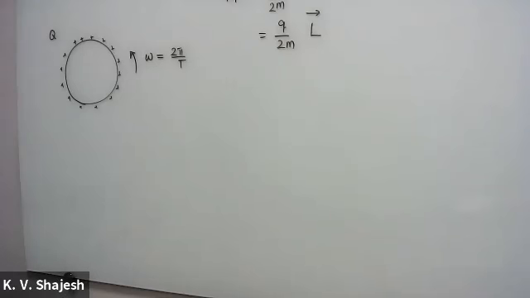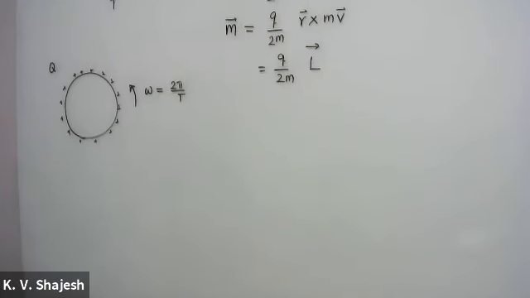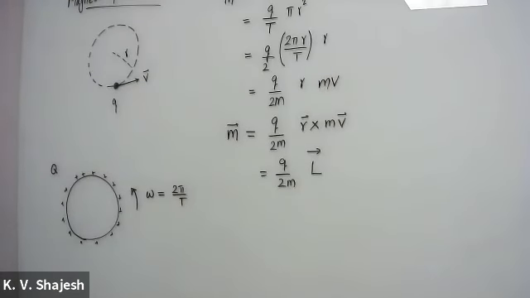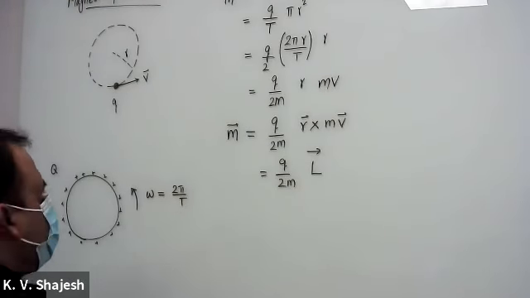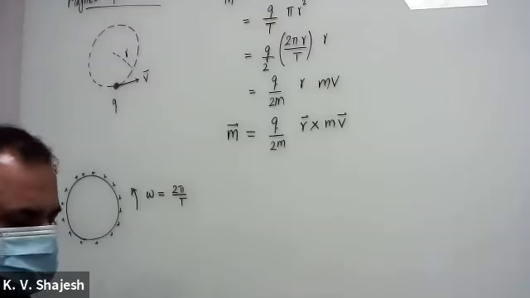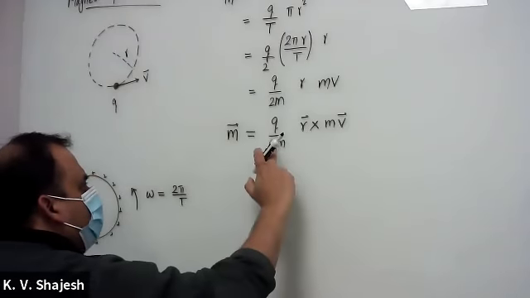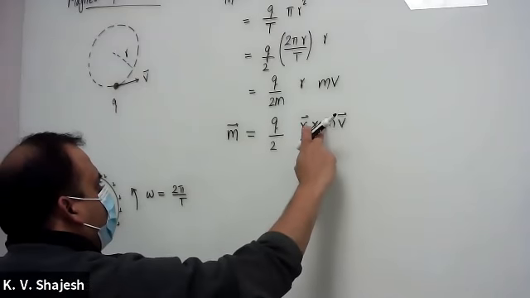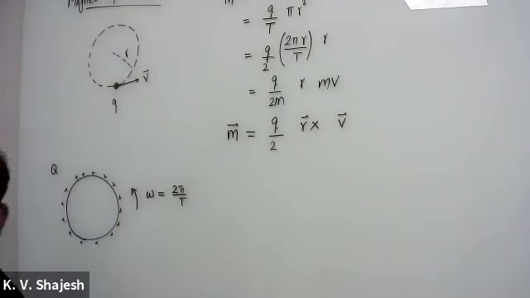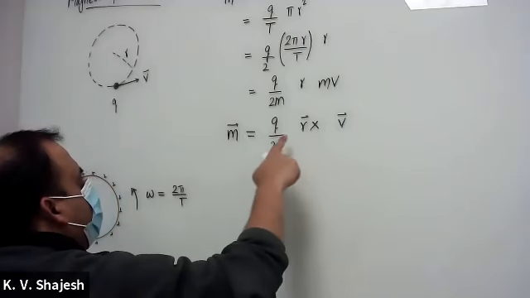So let me go back to this expression that we talked about a moment ago. Let me go back and erase this part. That was to introduce the idea that there is angular momentum. Get rid of the m, that was just multiplied to get the angular momentum idea.